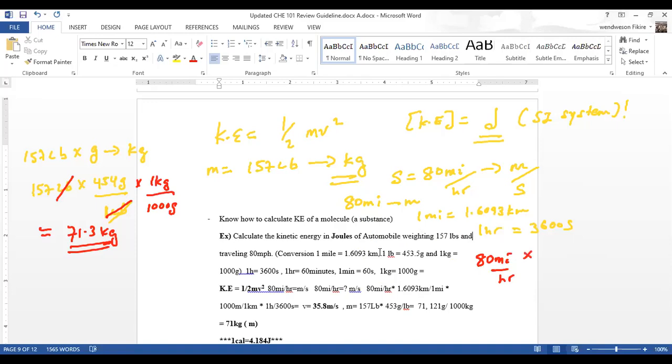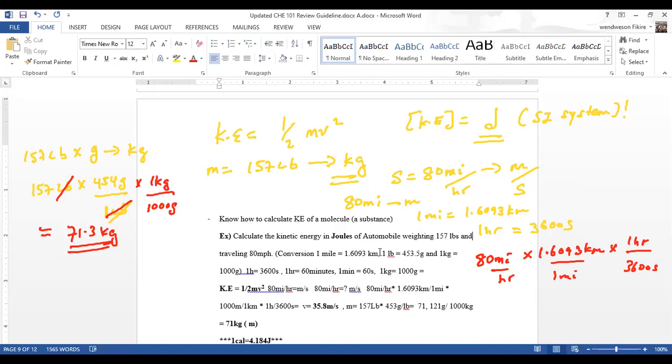So 1 mile equals 1.6093 kilometers. So you multiply by 1.6093 kilometers over 1 mile, and 1 hour is 3,600 seconds, so that's 1 hour over 3,600 seconds.